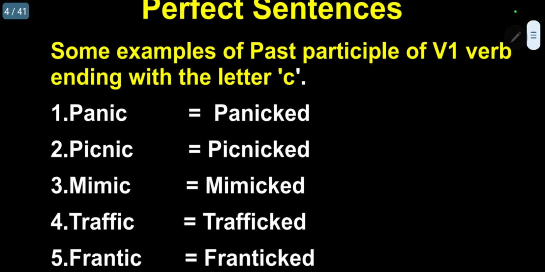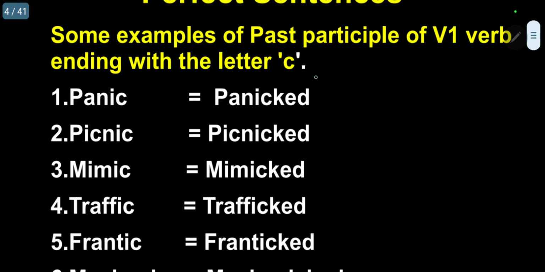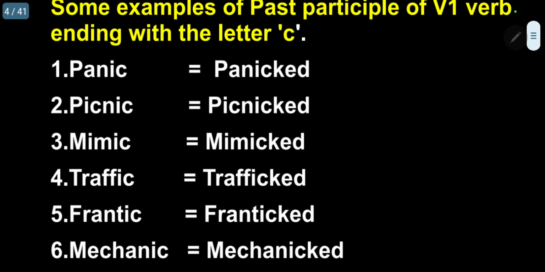Now under this, the verbs ending with C, I have observed in the Oxford Dictionary only 2 verbs, but I have collected from the other sources a number of verbs I have given below. Panic, panicked, KED added. Picnic, picnicked. Mimic, mimicked.